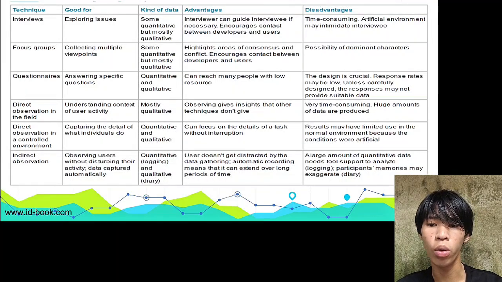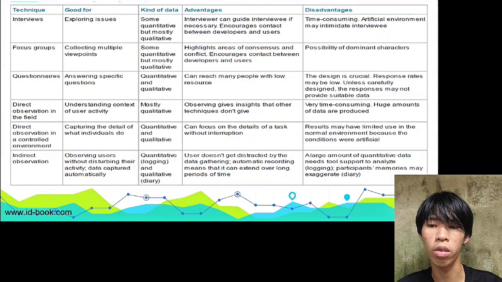And also, direct observation in a controlled environment is good for capturing the details of what individuals can do. It can provide quantitative and qualitative data, and it can focus on the details of a task without interruption. The only downside is the results may have limited use in the normal environment because the conditions were artificial.